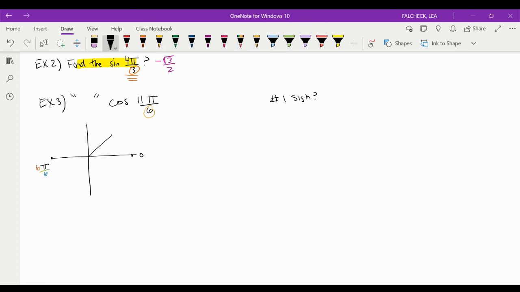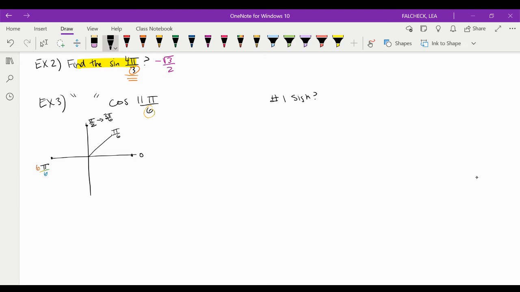When I'm counting, this one is going to be 1 pi over 6 in quadrant 1. As I get to pi over 2, in terms of pi over 6's, what's that going to be? Let's see. This is going to be 3 pi over 6, right?